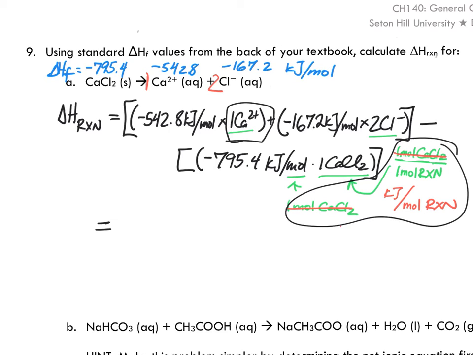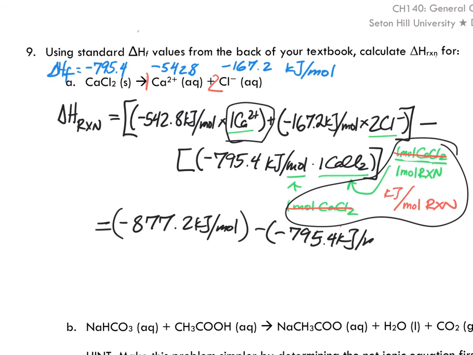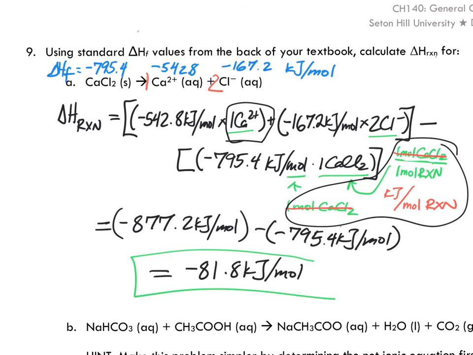The products part works out to be negative 877.2 kilojoules per mole, and the reactant side works out to be negative 795.4 kilojoules per mole. When you combine those, that gives us a final answer of negative 81.8 kilojoules per mole. That would be the delta H of the reaction.